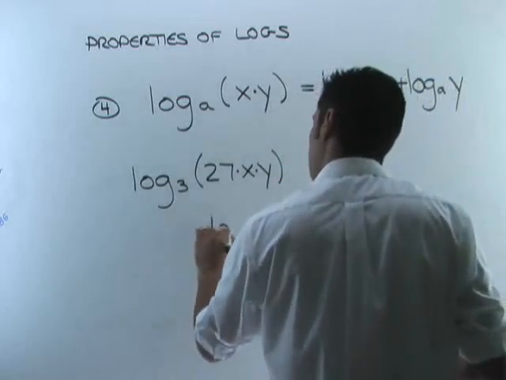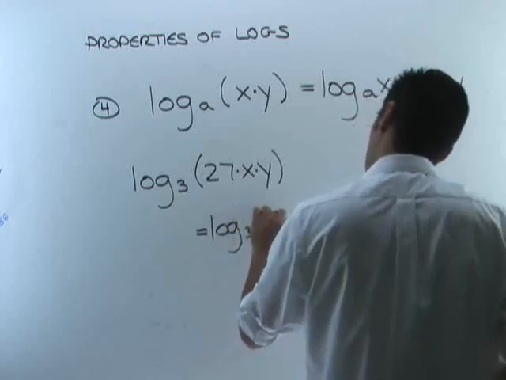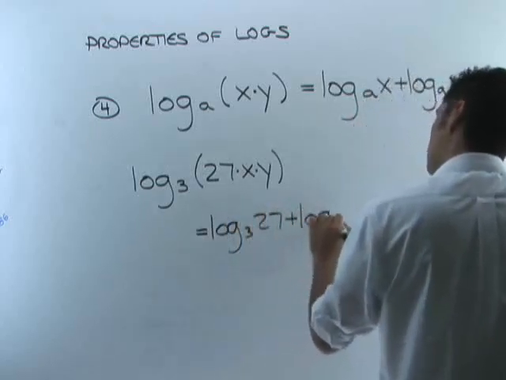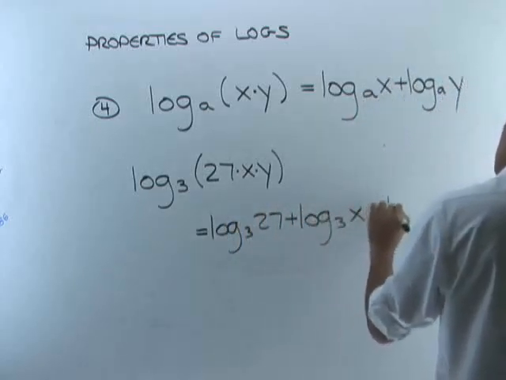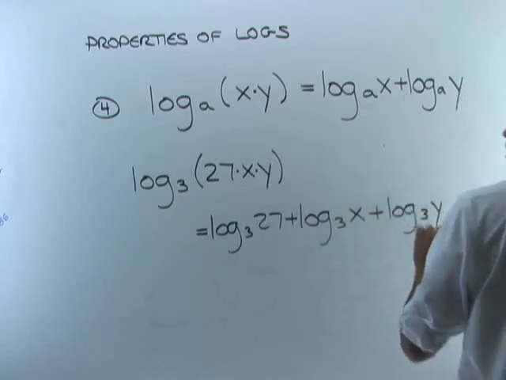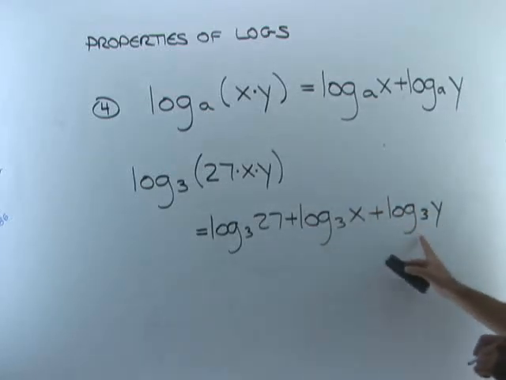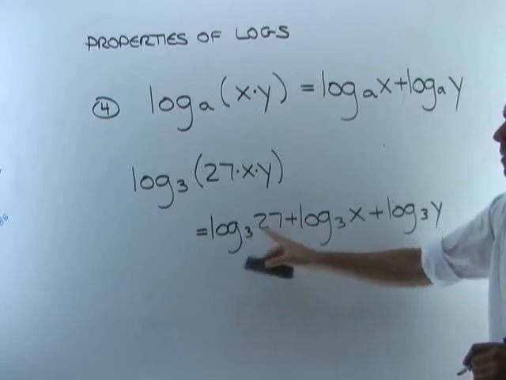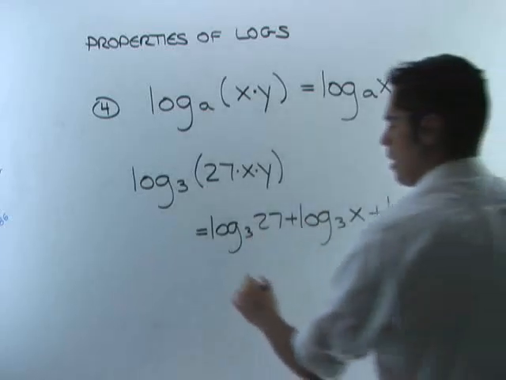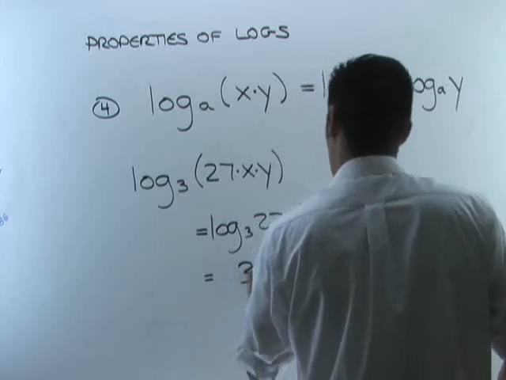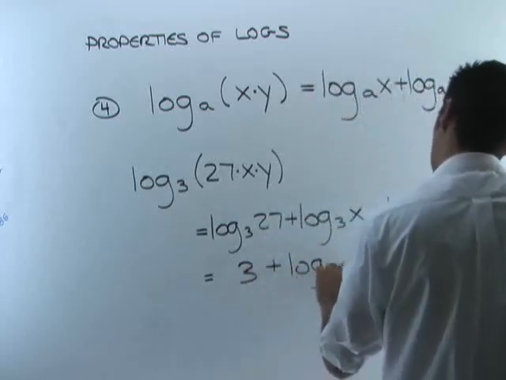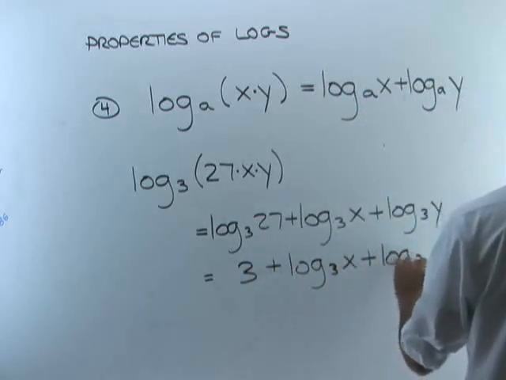So you've got log base 3 of 27 plus log base 3 of x plus log base 3 of y. Now these last two you can't do anything with, but 3 to what power is 27? Well, the answer is 3. So you just get 3 plus log base 3 of x plus log base 3 of y.